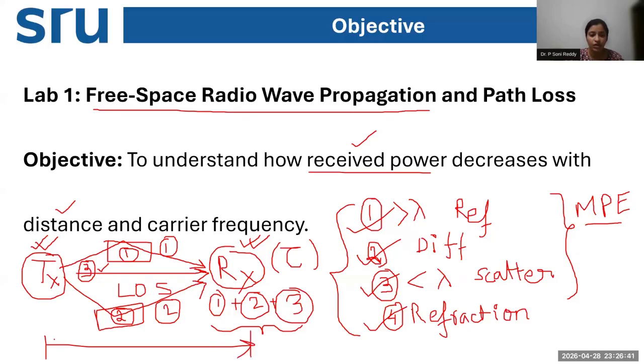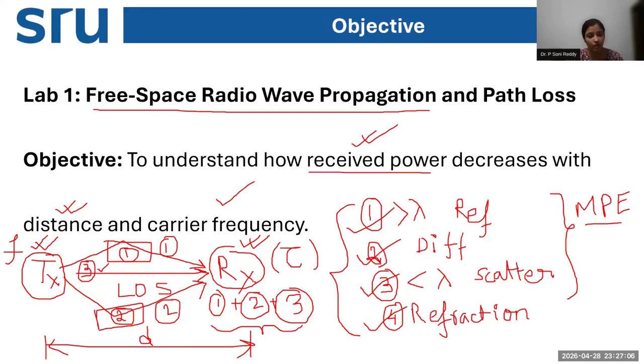And if I change the carrier frequency, meaning the frequency of the transmitted signal, how will the received power change with respect to frequency, and how will this depend upon the distance between the transmitter and the receiver?